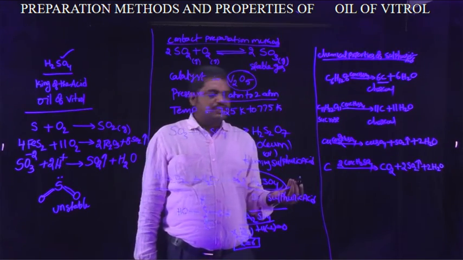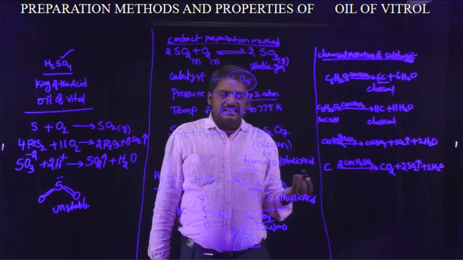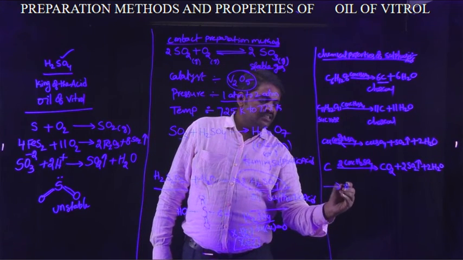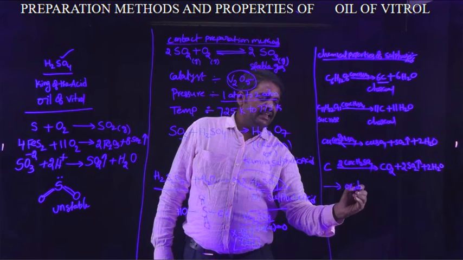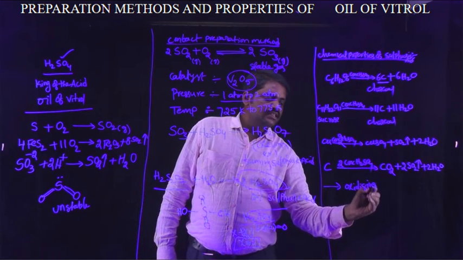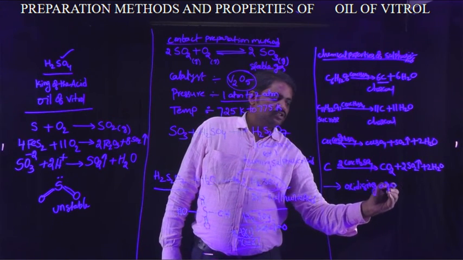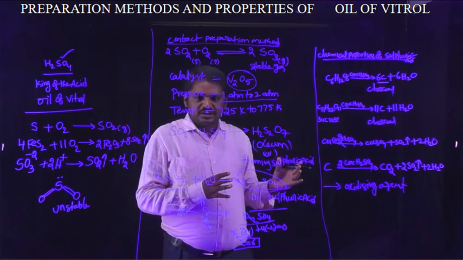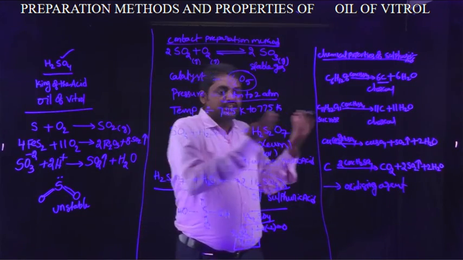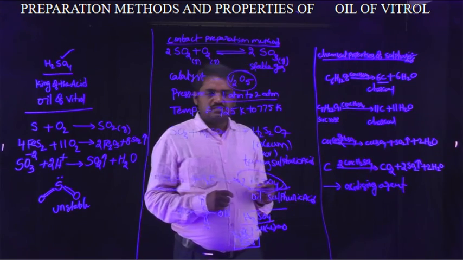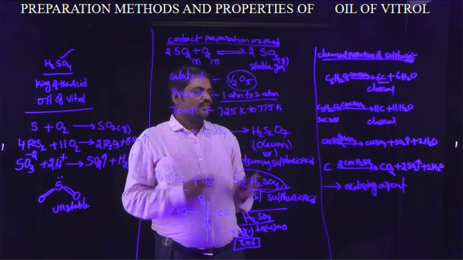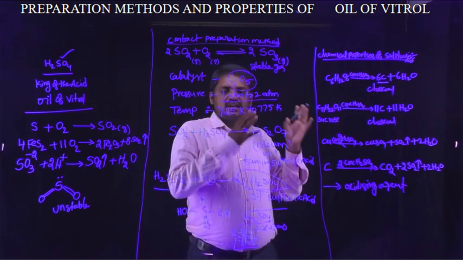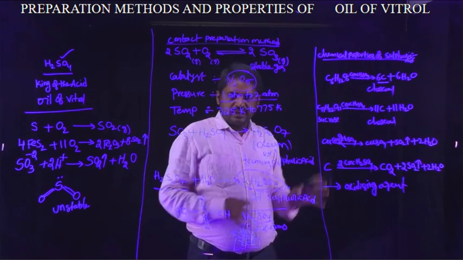This point is based on sulfuric acid acting as an oxidizing agent. Because carbon reacts with concentrated sulfuric acid and is converted to carbon dioxide, this molecule acts as a good oxidizing agent.